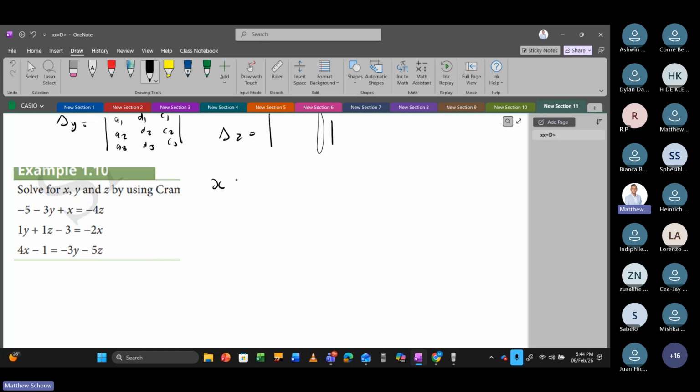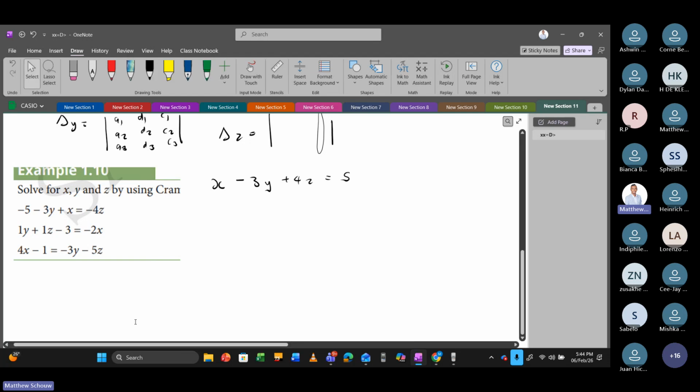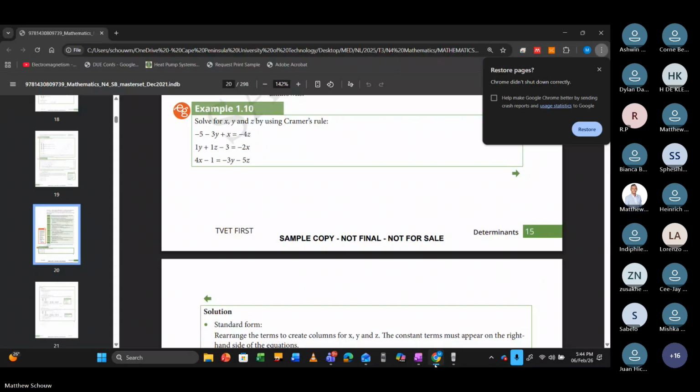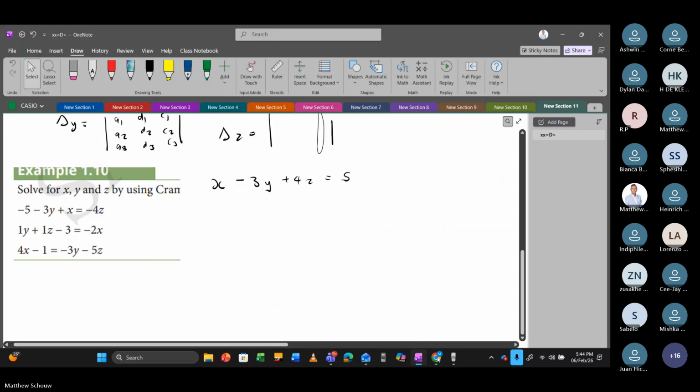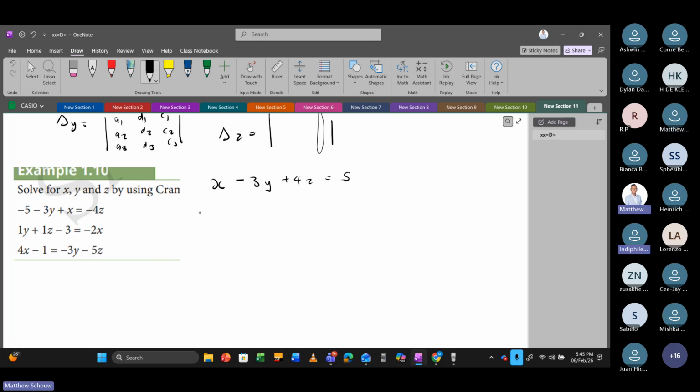So it's x minus negative 3y, that's plus 3y, plus 4z, and it becomes a 5. Do we all agree with that one? This one is 2x plus y plus z, and we're left with a 3 on the other side.